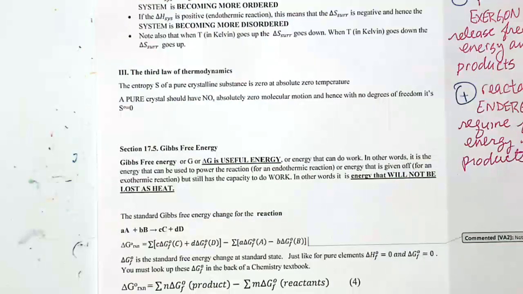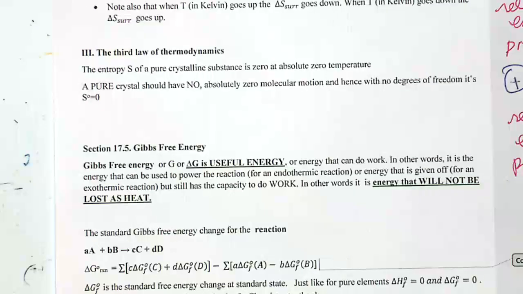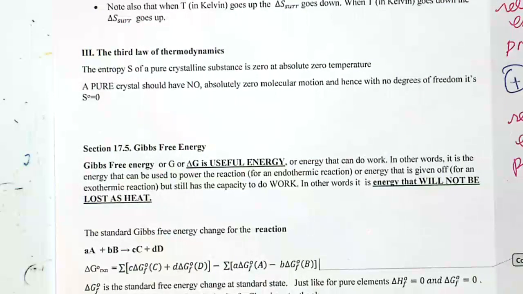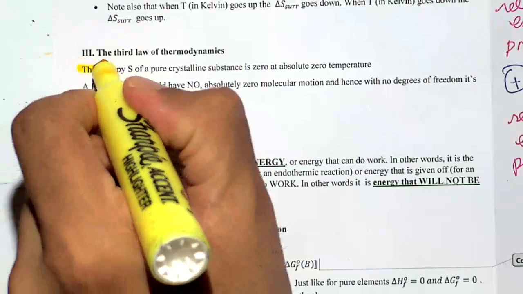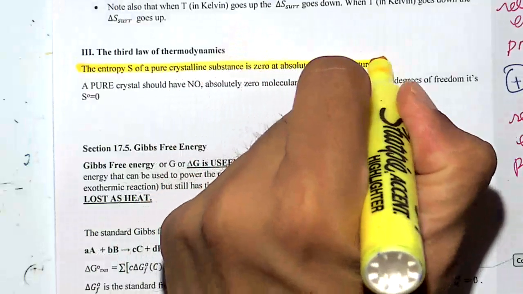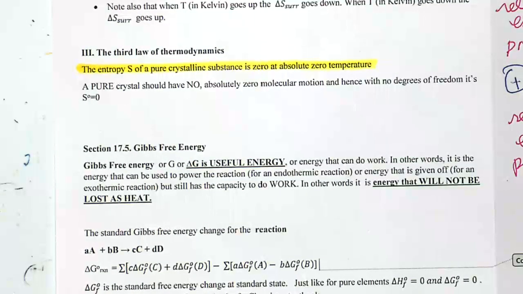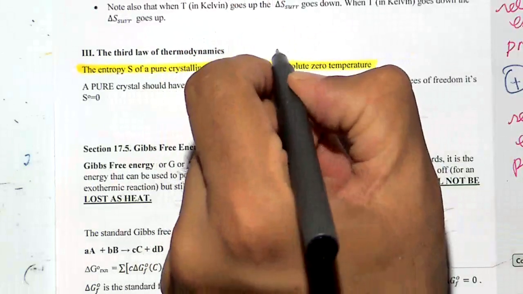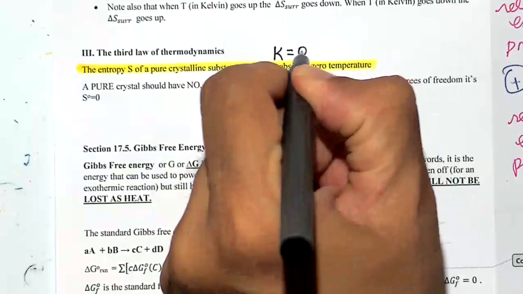All right, let's now really quickly talk about the third law of thermodynamics. The entropy of a pure crystalline substance is 0 at absolute 0 temperature. Absolute 0 is where K is equal to 0, Kelvin.